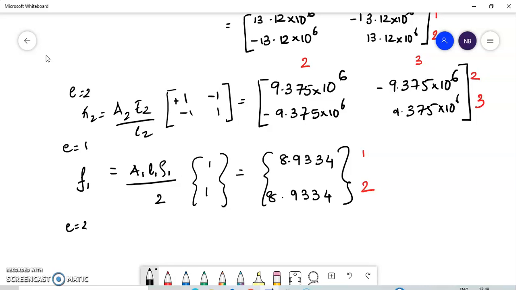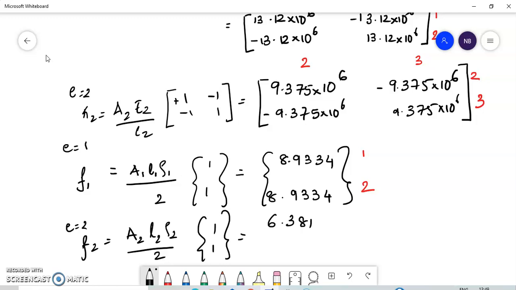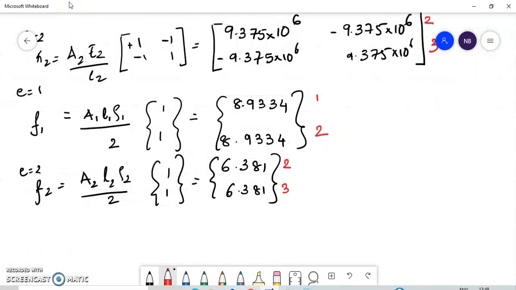For element 2, F2 will be A2 into L2 into rho 2 upon 2, times [1; 1]. The degrees of freedom of this are 2 and 3. So these are the body force vectors.